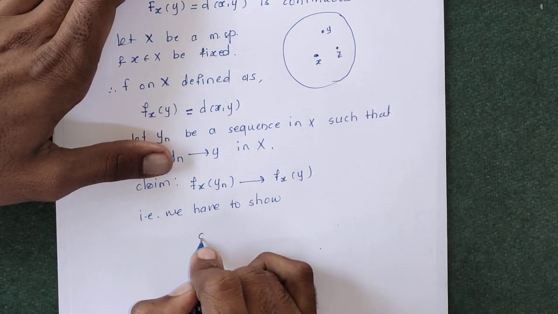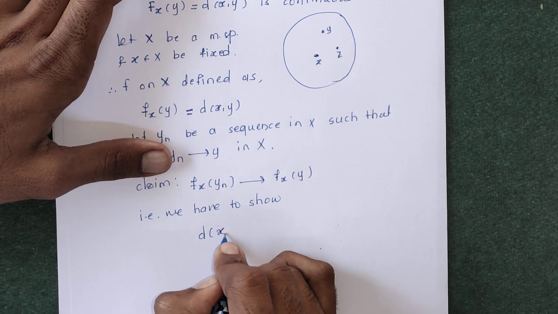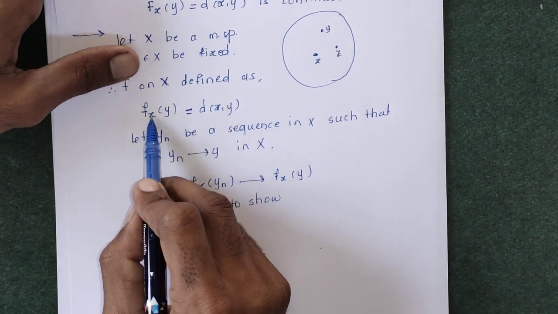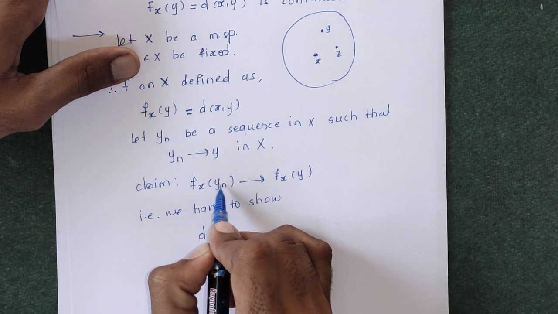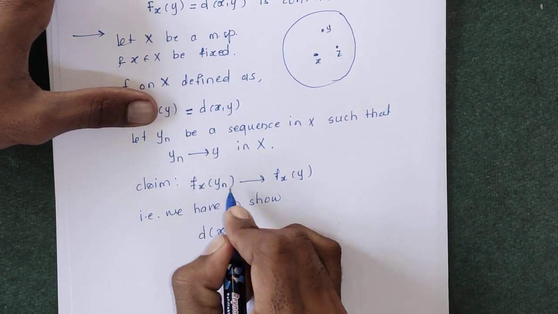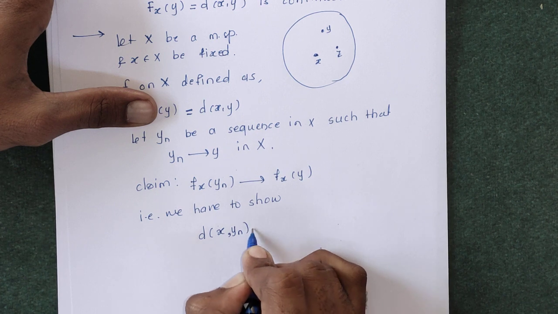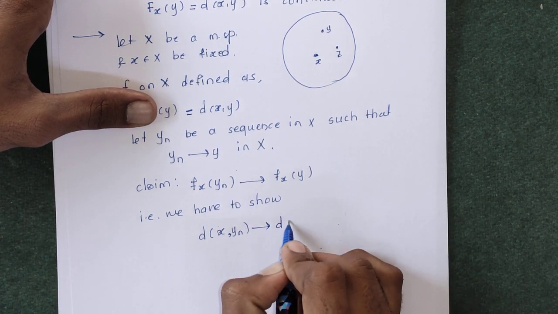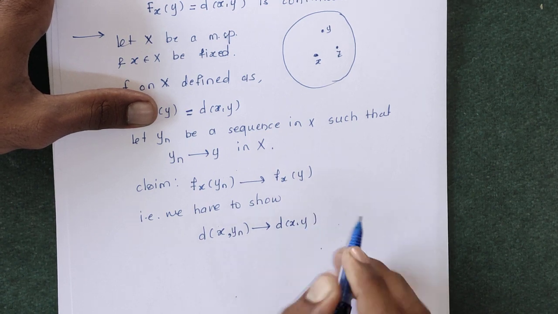That is, f_x(y_n) is defined as the distance between x and y_n, and it converges to the distance between x and y.